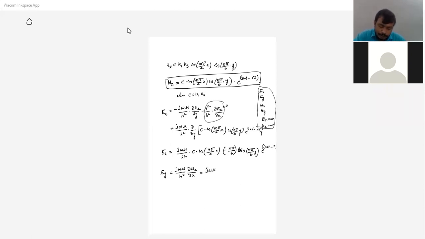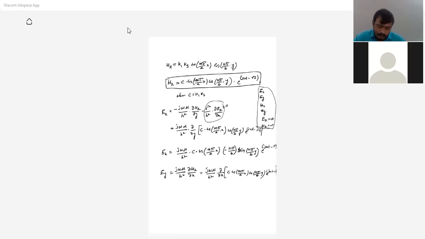So j omega mu by h square, dou by dou x of Hz, which is C cos of m pi by A into x, cos of n pi by B into y, e power j omega t minus gamma z.